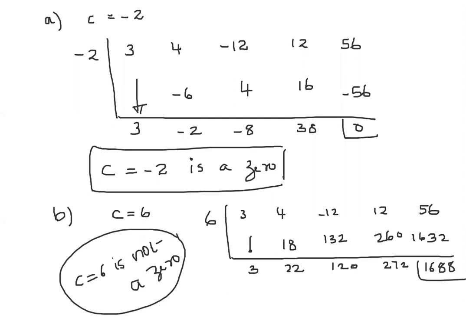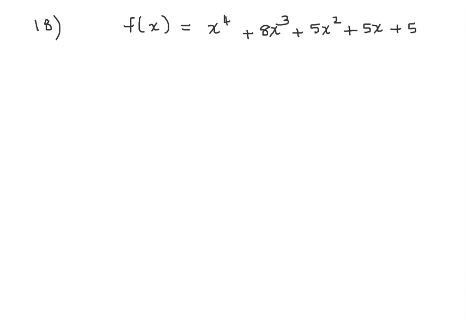So let's move on to number 18. Use the factor theorem, we have to find if the given binomial is a factor. So we are given a polynomial. First thing we have to check if x plus 2 is a factor of f of x.